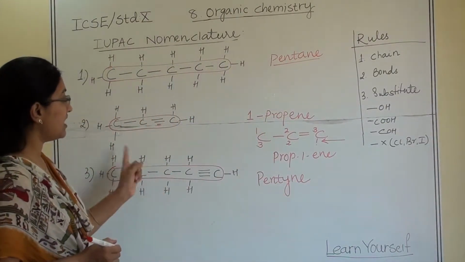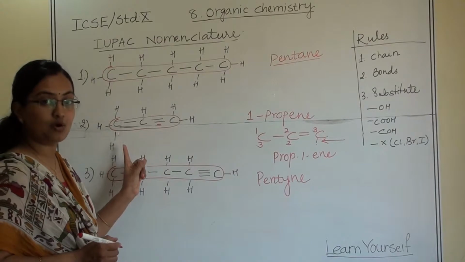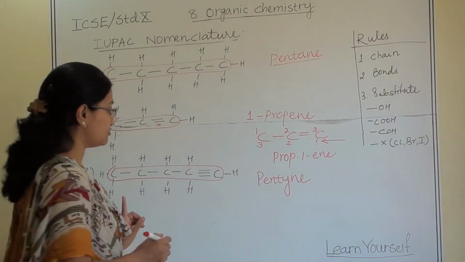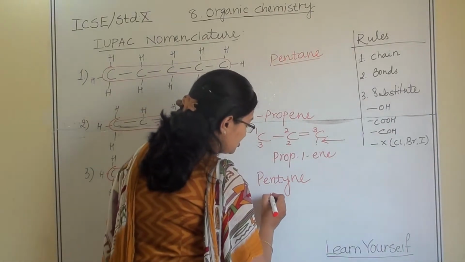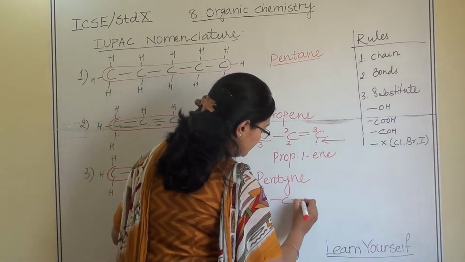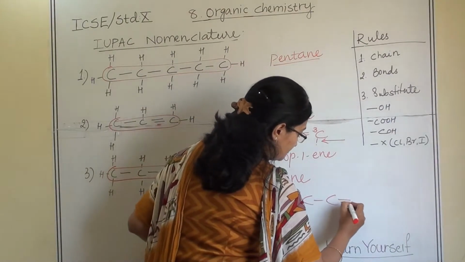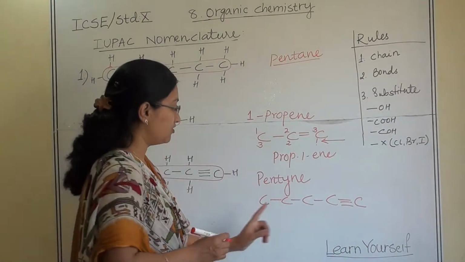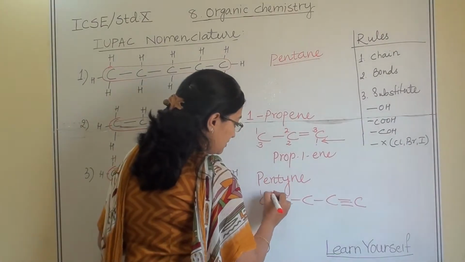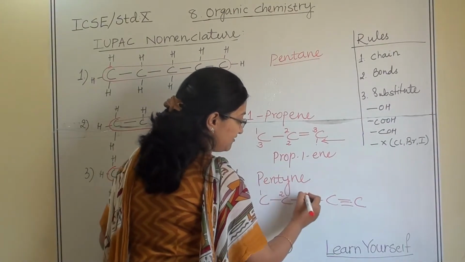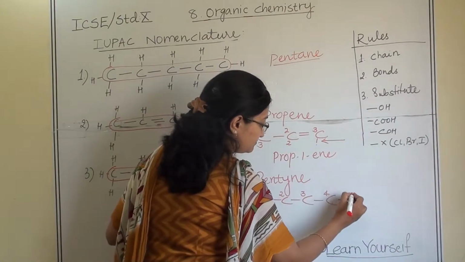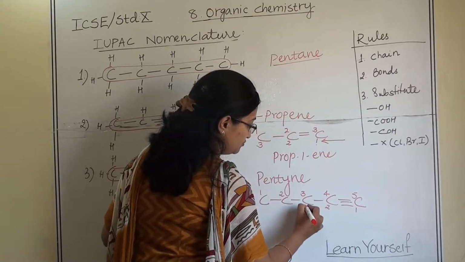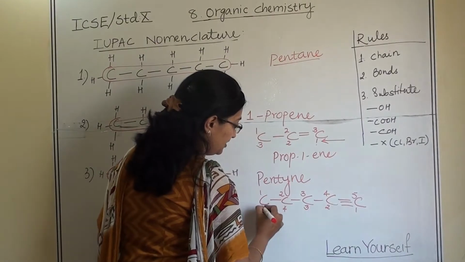But again, just as we have given numbers to the double bond, the same way we have to give numbers to this chain also. Let us write here our chain. This is our chain and here is a triple bond. So let us number from right to left first, then left to right. 1, 2, 3, 4 and 5.